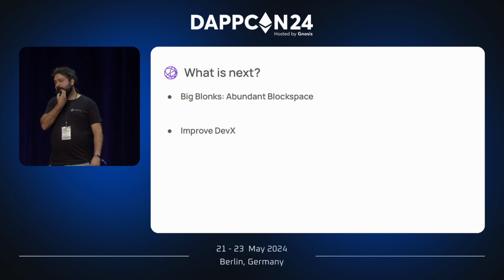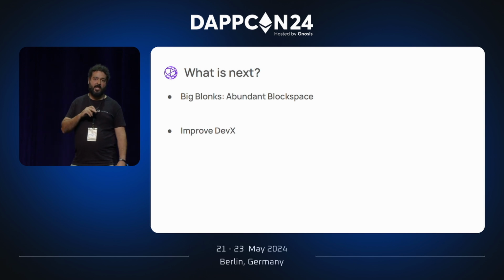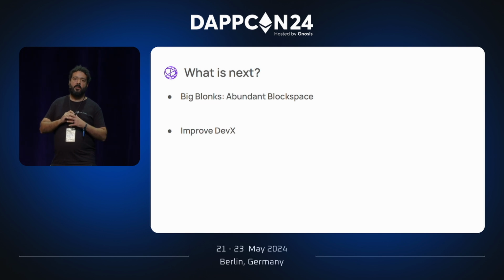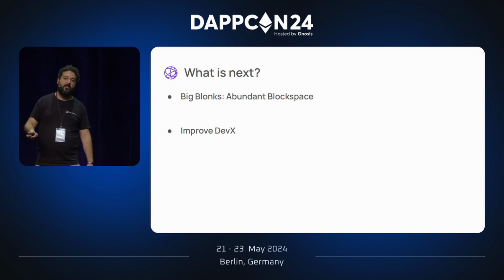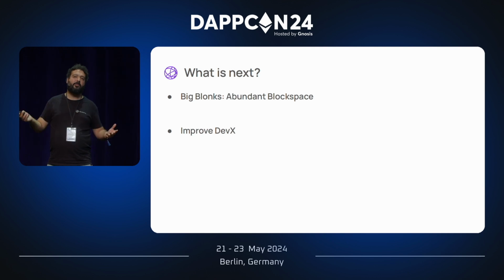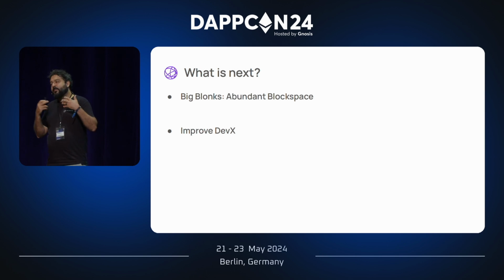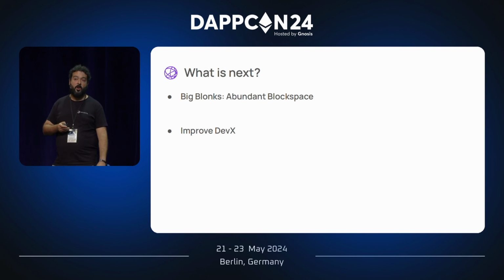So what is next? I think the focus for us, as the Celestia Labs team and as a community, is to enable massive blocks. We want abundant block space because if you think about it, if we actually want to serve all the rollups and especially all these AI projects that are coming into existence, or even just payments, if the payment networks are worldwide and used by everyone, you need abundant block space for this to be possible.